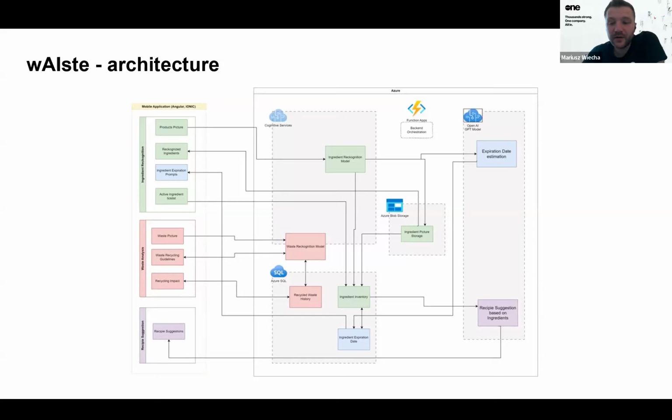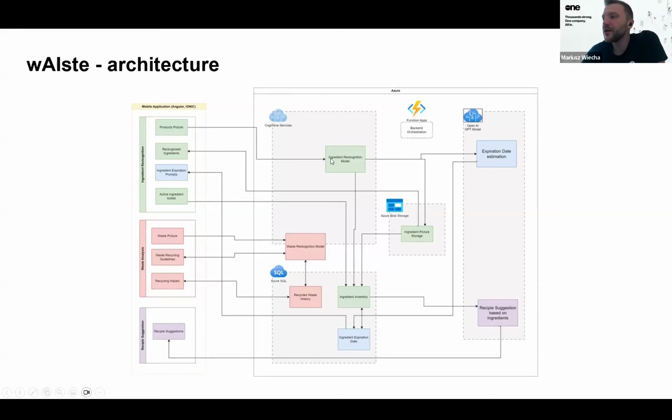Now, here we have Azure Cognitive Services. When a user uploads an image, it's sent to Azure Cognitive Services. This component processes the image and provides initial recognition of the content, whether it's ingredients or waste material.